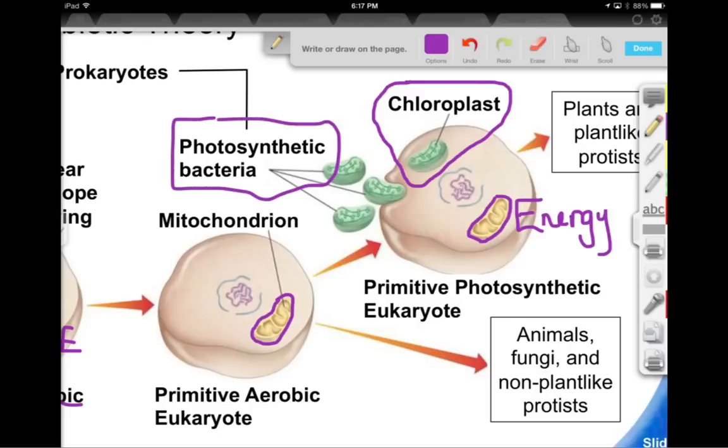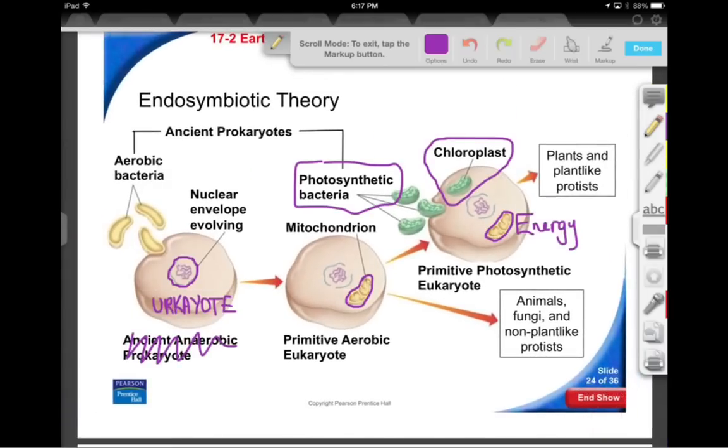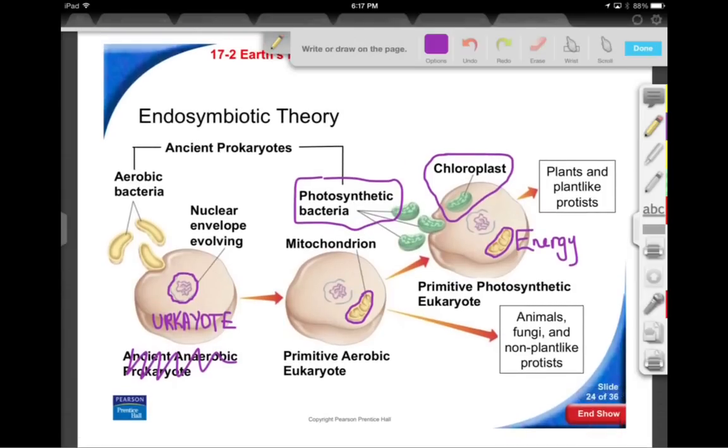So we had deal number one and deal number two. Here's the kicker. Animal cells appear to have only made a deal with the aerobic bacteria here. Okay, so this would be an animal cell scenario. But then this one came along. Then we got a plant cell scenario.